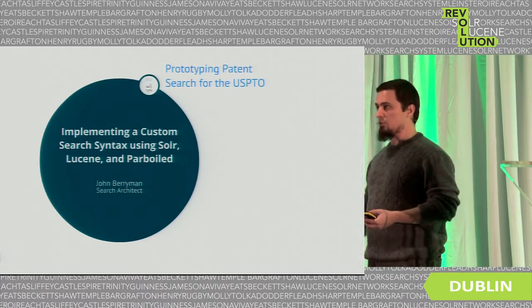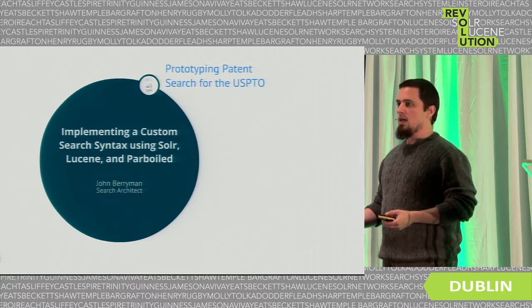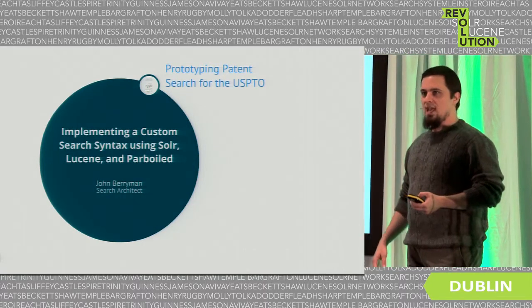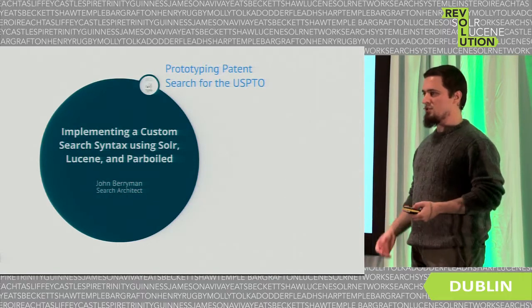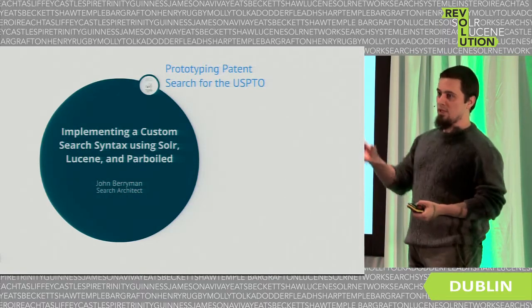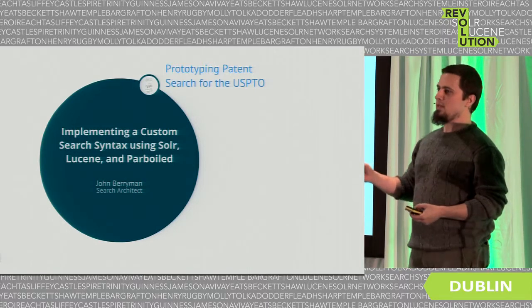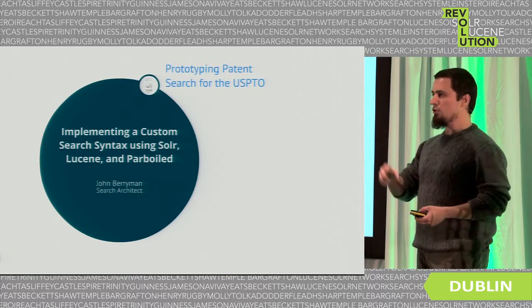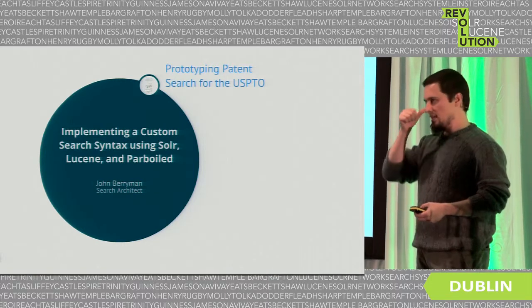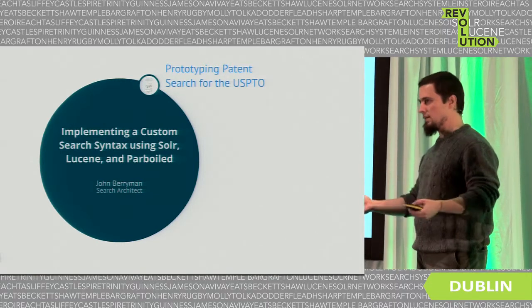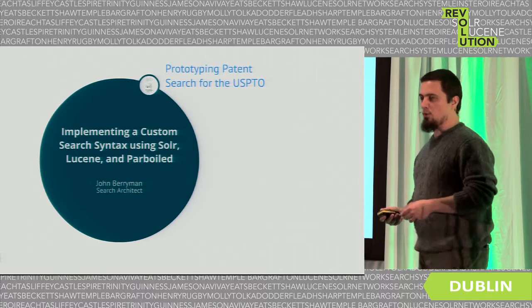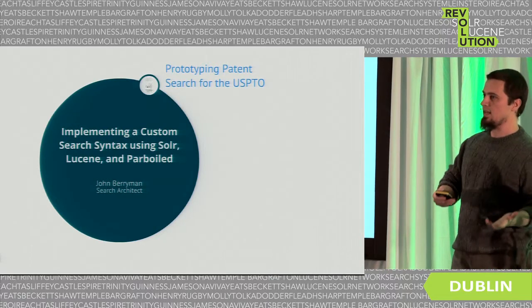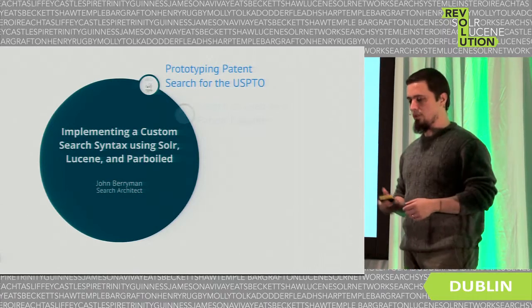For this particular project, we were building the future of patent search for the Trademark Office, and who knew that the future of patent search would at least partially be re-implementing a search syntax that was already 30 years old. But they wanted to pull things into modernity. They wanted to use a technology that wasn't slowly dying away. And so this involved basically building this old search syntax so that it would interface with Lucene.